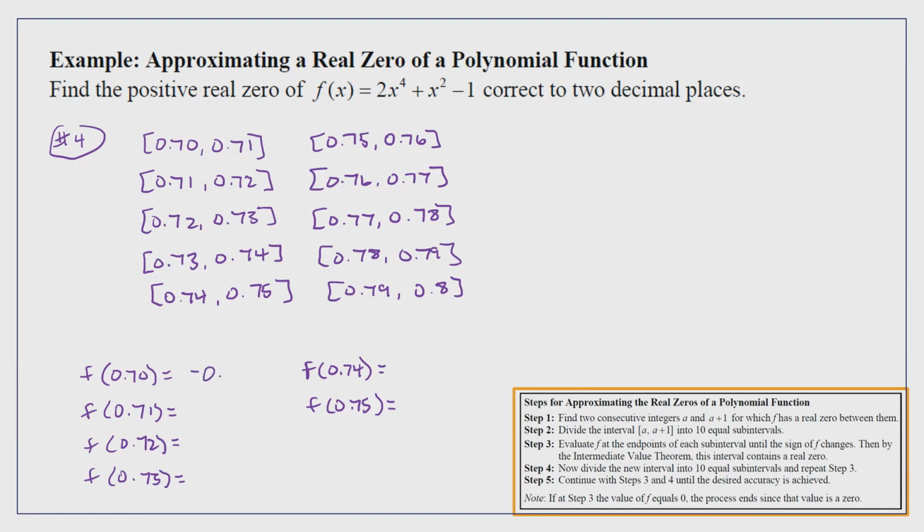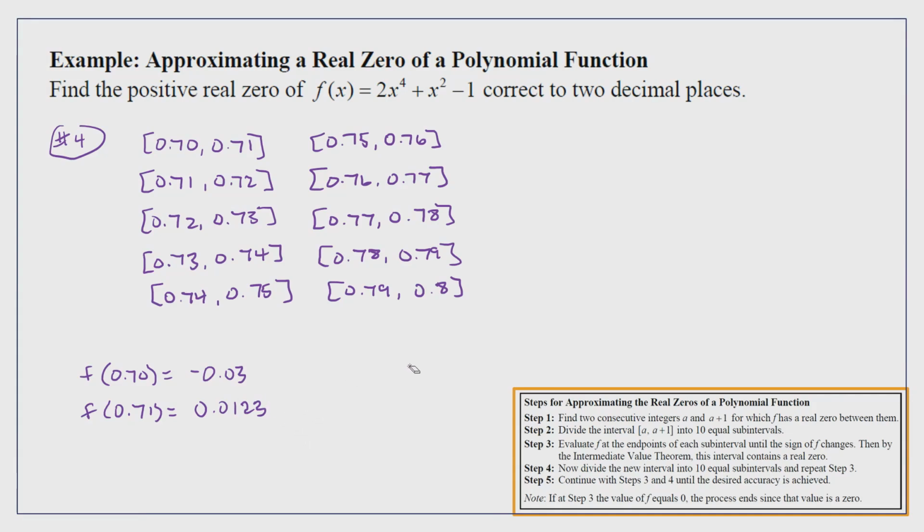So we have negative 0.03 and 0.012. So I actually did not need all of these. So I recommend utilizing your calculator, setting it all up, identify where your y values are for your endpoints, and then where the change occurs.